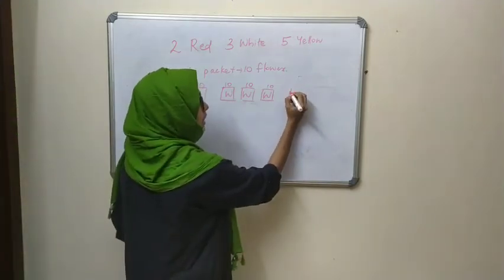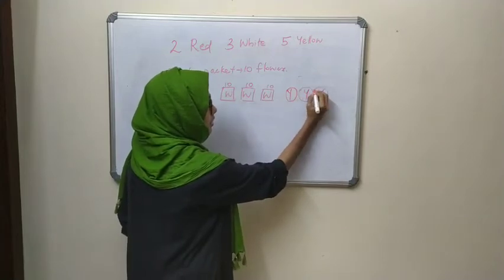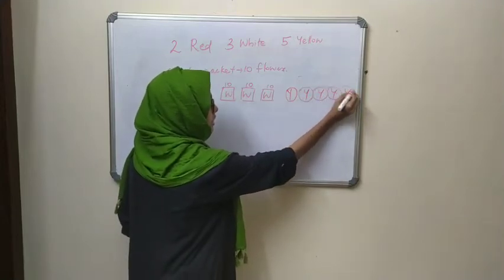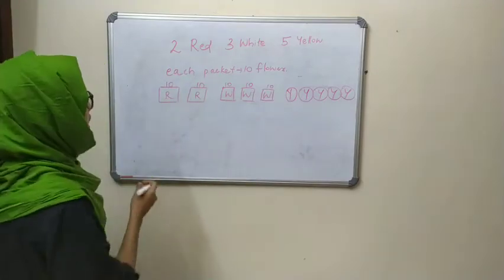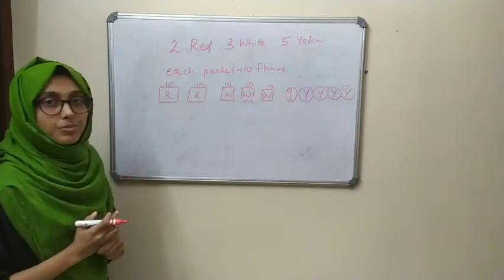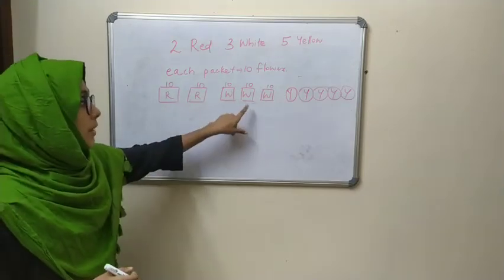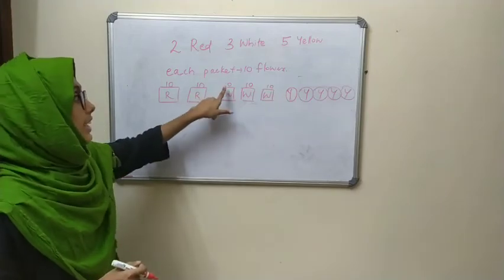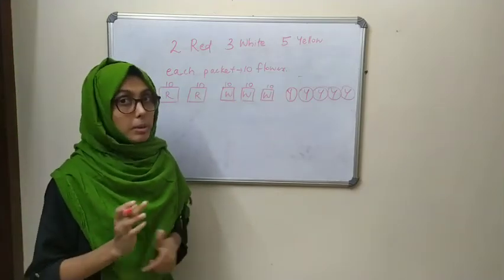And 5 yellow flowers. These are not in packets. So there are 2 packets of red flower, 10 in each packet, 3 packets of white flower, 10 in each packet, and 5 yellow flowers. They are not in packets.